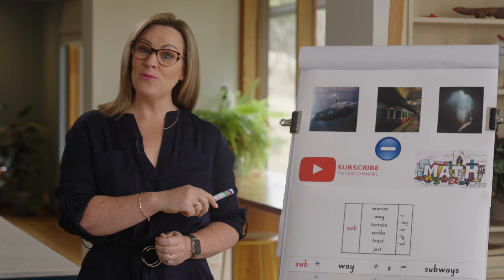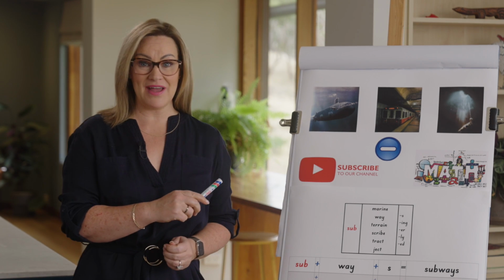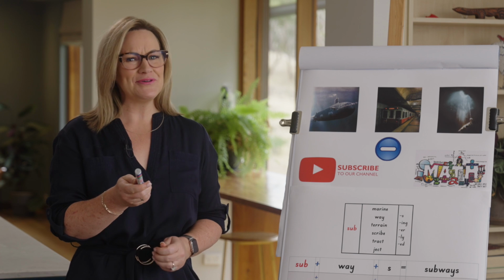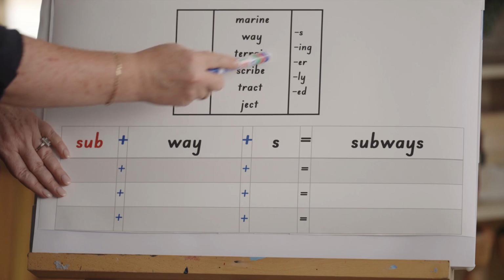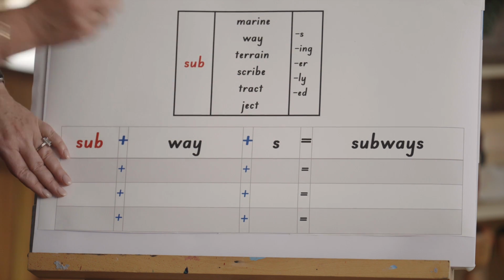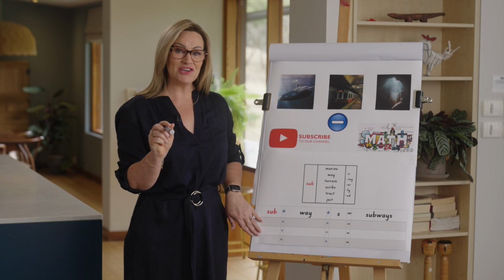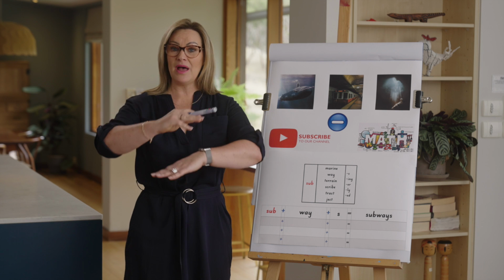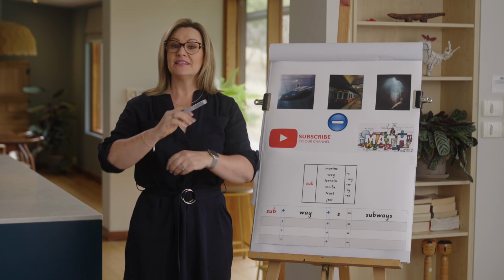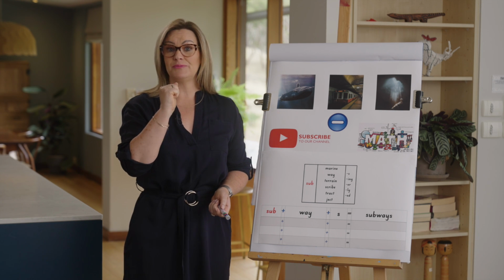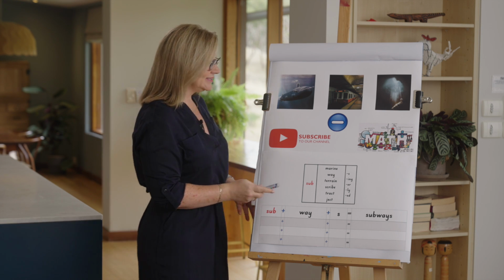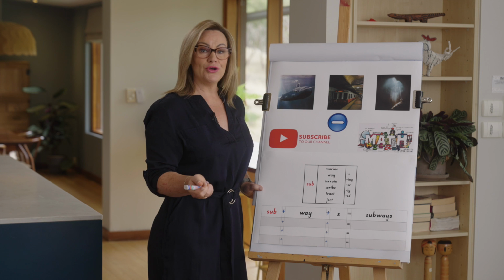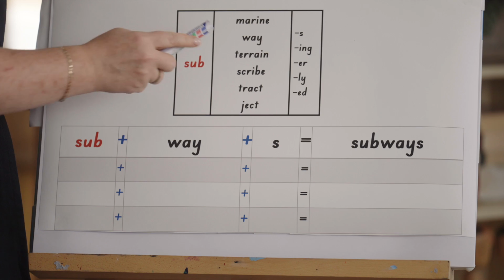Rightio, we're up to our word building part of our lesson. You'll be getting very good at this by now. Let's have a look here at this middle column because we need to take note here. Some of them are base words, some of them are root parts. Do you remember we had a bit of a prompt last week around these? Now, marine, word on its own, base.